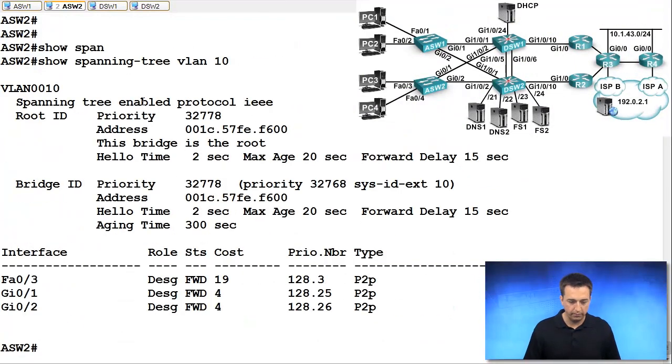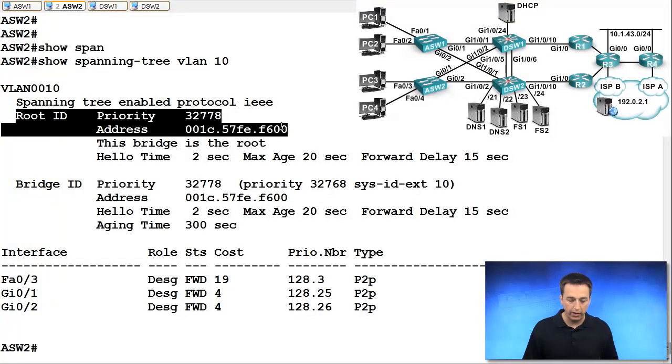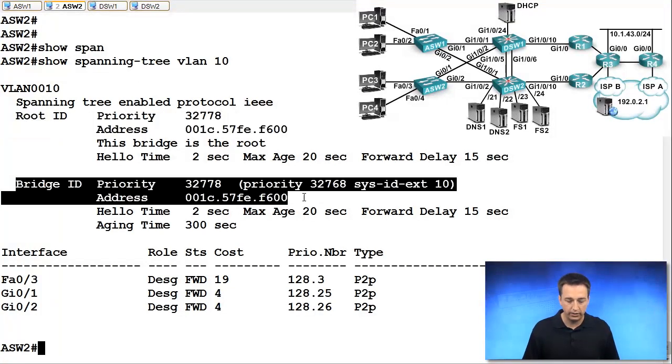Notice from the output, this is the root bridge. And we can even confirm, based on the root ID, the priority and MAC address match the local bridge ID information. It's the exact same. So we were correct. ASW2 is the root bridge.